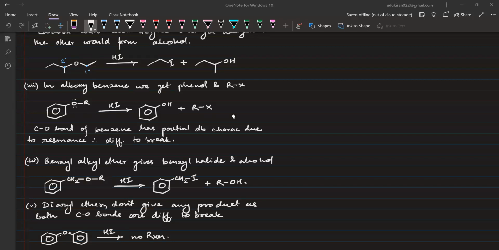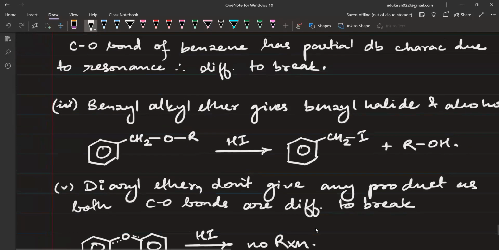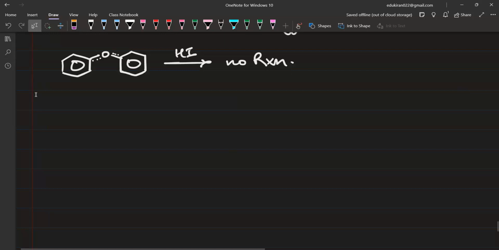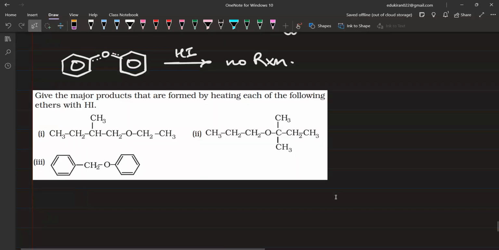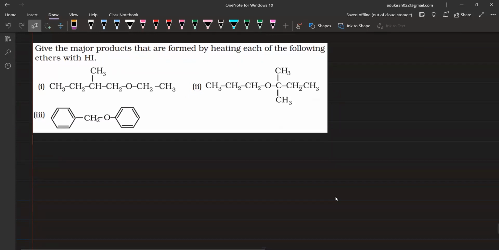Let us see some questions. Give the major products that are formed by heating each of the following ethers with HI. ठीक है, ध्यान दीजिए. सबसे पहले you see here, see this carbon atom, it is what degree? Tell me guys, this carbon atom is what degree?